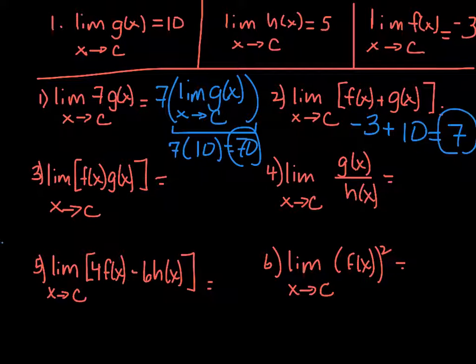So I know that the limit of f of x as x approaches c is negative 3, and g of x is positive 10. So all I'm going to do here is negative 3 times 10. So my answer is negative 30.